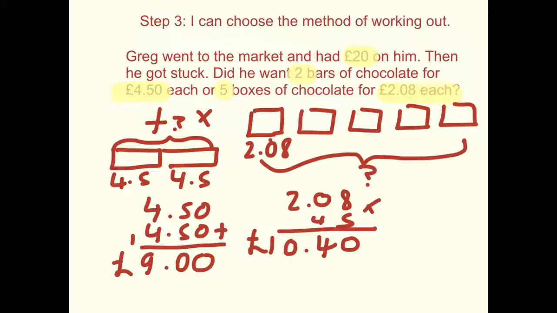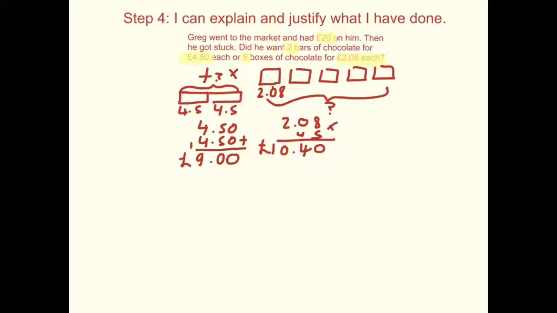So we know straight away that 5 boxes of chocolate for £2.08 each was going to cost Greg £10.40. Before we move on to the final step, it's very important that you remember that if you can't remember how the concrete, pictorial, or the abstract for any of these methods, please make sure you use our working wall and have a look at the videos previously.